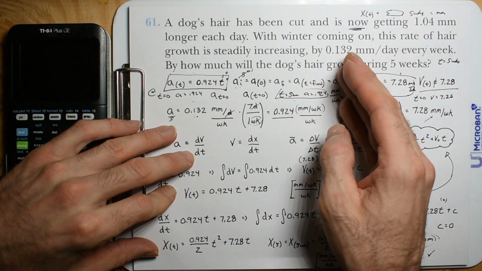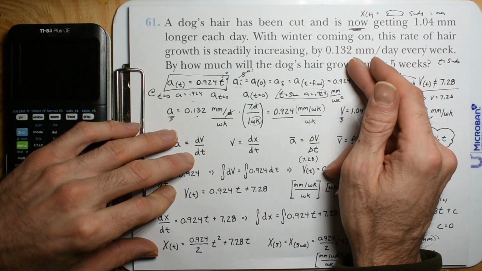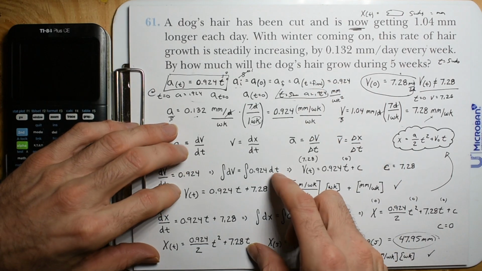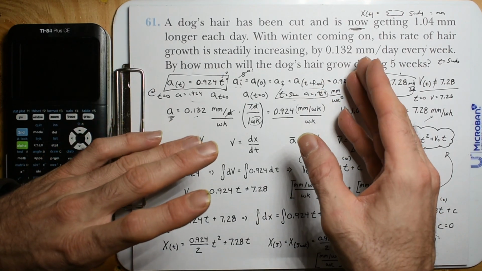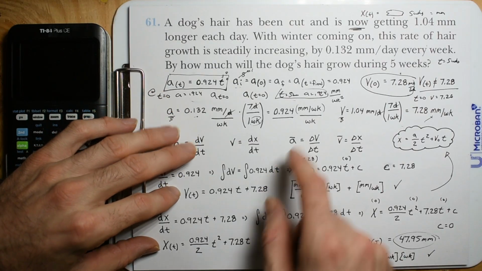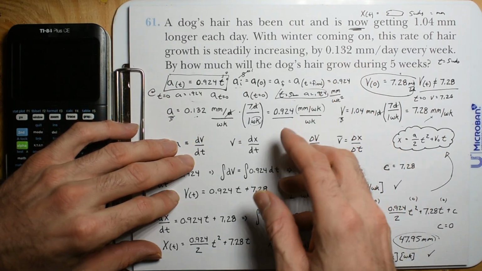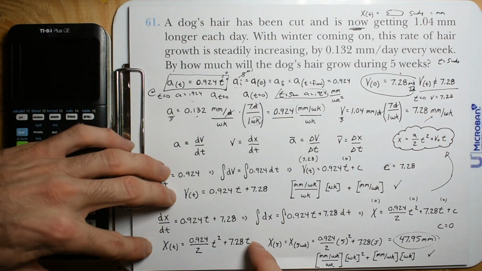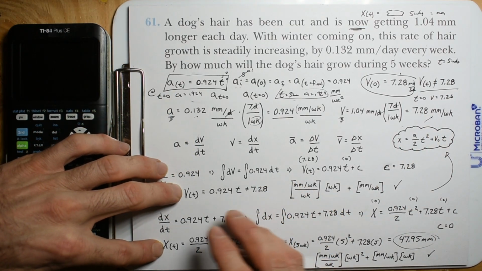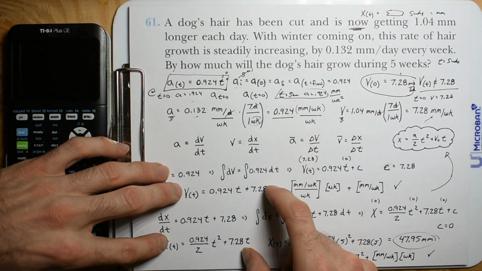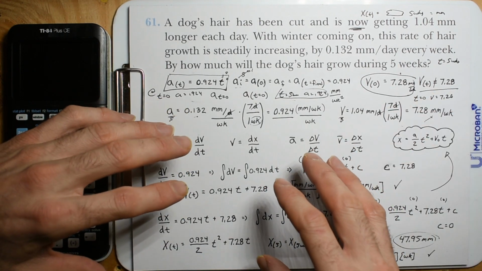Anytime you have an increase in velocity, that's never going to change because it says it's constant. But the dog's hair can't have a speed of light velocity, and with this acceleration, at some point it is going to reach the speed of light. So at some point these two equations won't be valid anymore. I think that's also an important thing to have in the back of your mind.